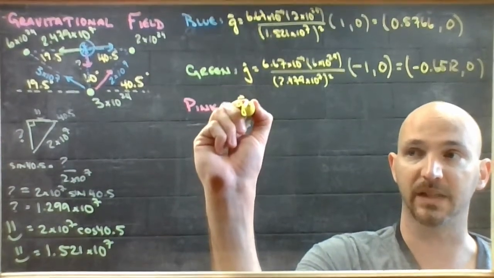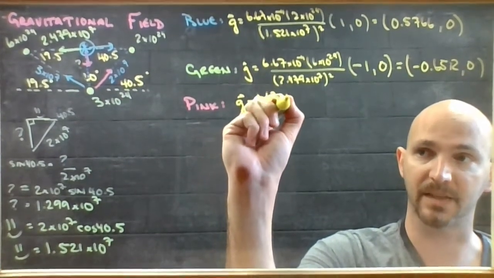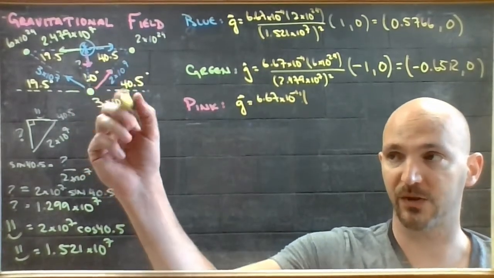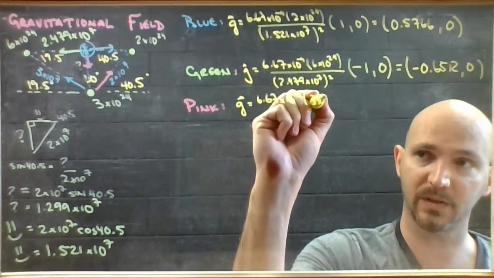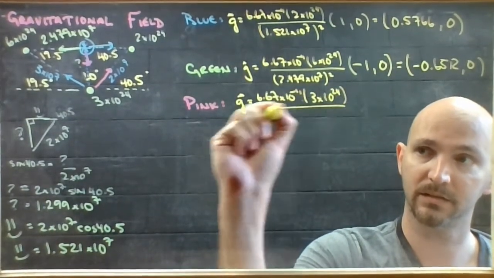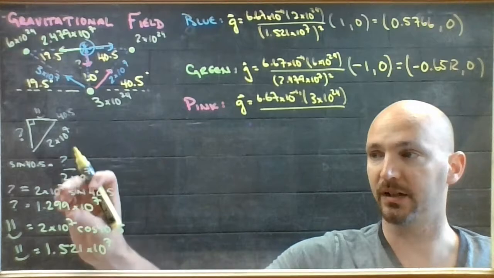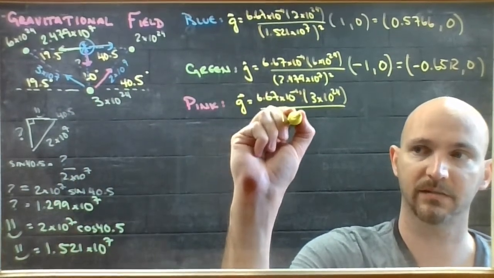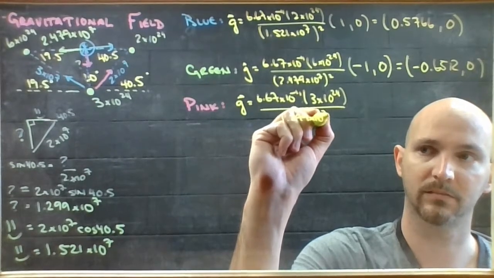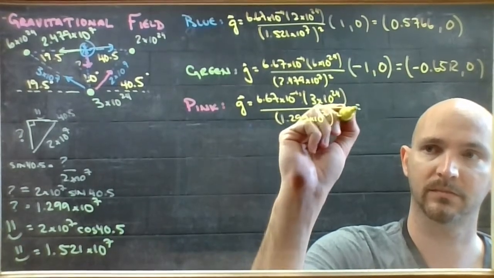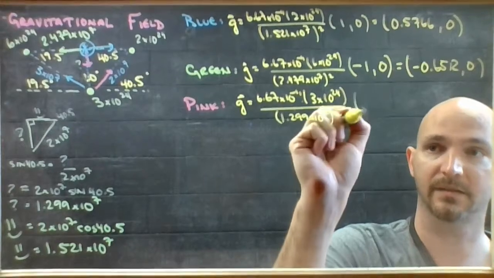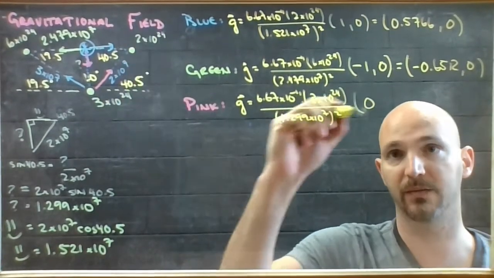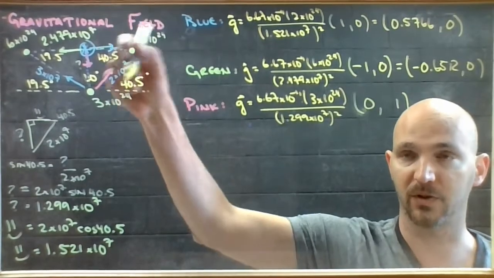So G would be 6.67 times 10 to the negative 11. The mass causing this gravitational field is 3 times 10 to the 24. And the separation here is the question mark, which is 1.299 times 10 to the 7. And my r hat, there is no horizontal component. It is entirely vertical, and that vertical component is headed down.